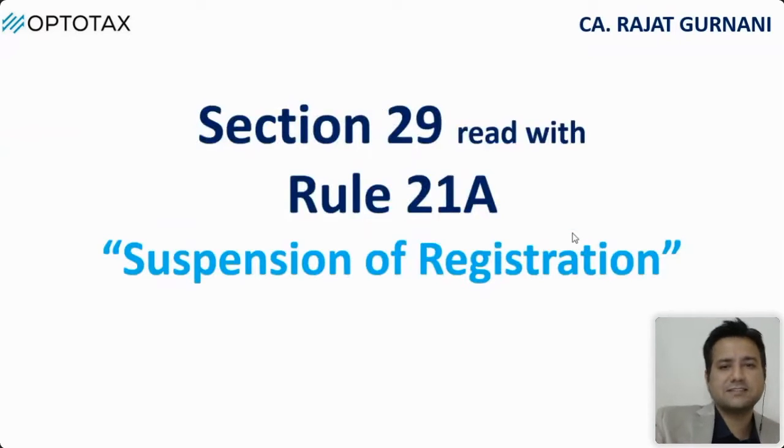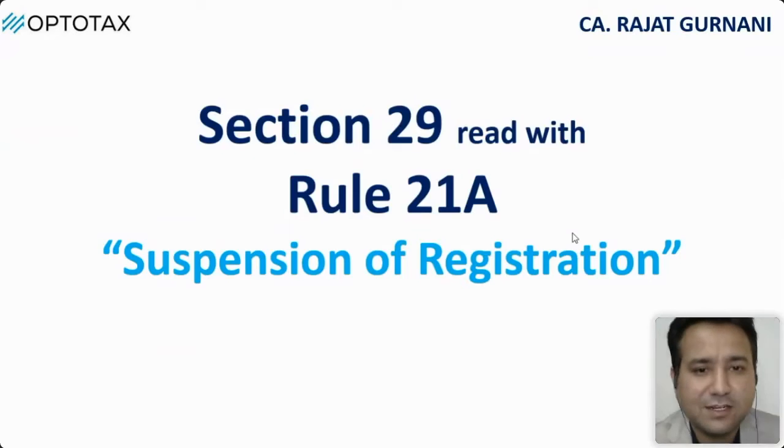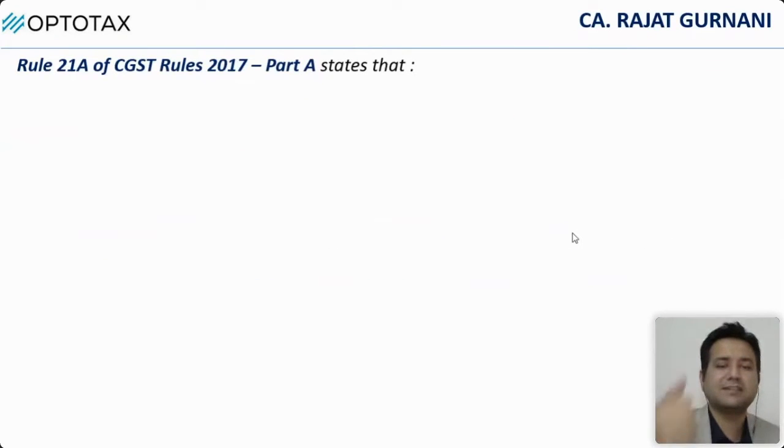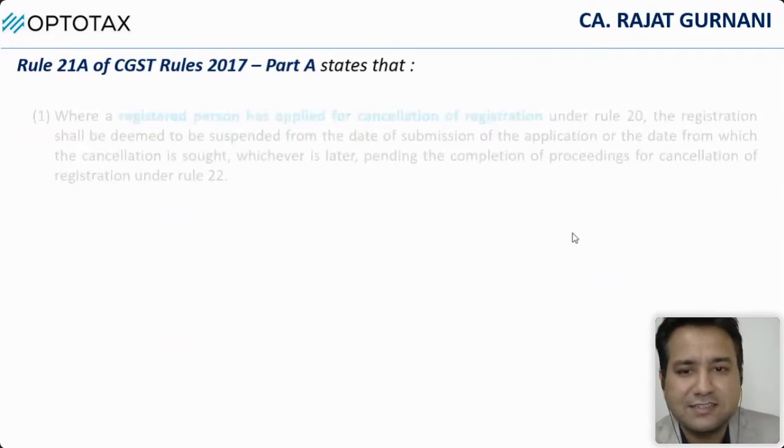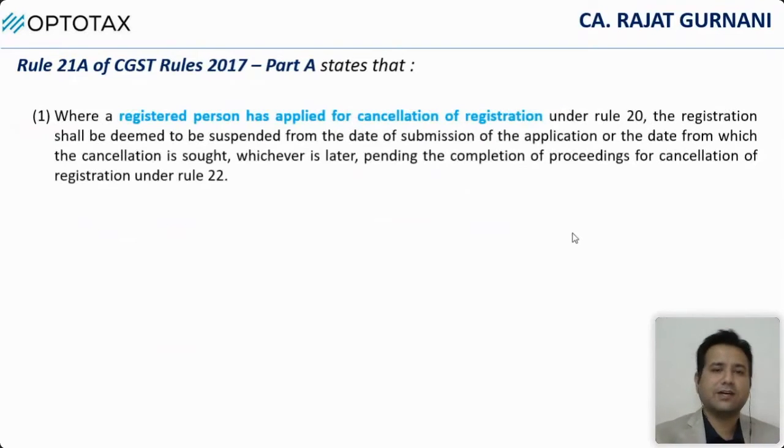Another one. So that was cancellation of registration; now suspension of registration, section 29 read with Rule 21A. That was Rule 21. This is Rule 21A. What does it say? This is the old rule. Again, I have copy pasted the old provision only, because those who don't know what the old rule was should be able to read this.